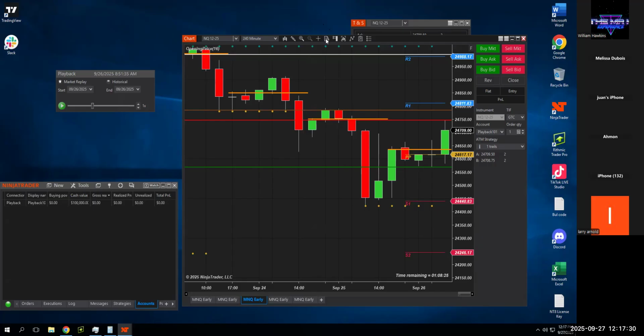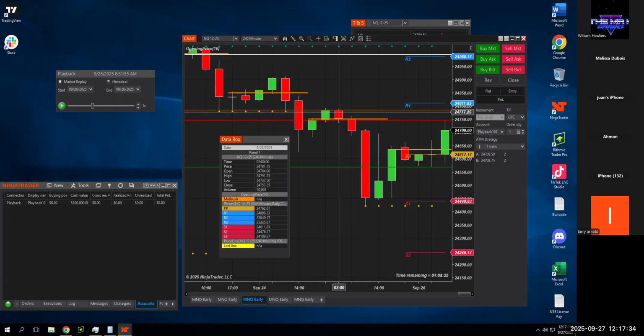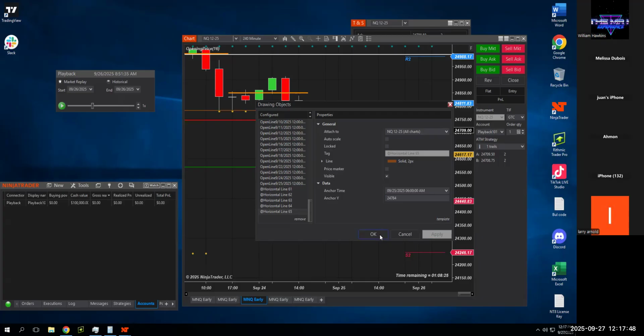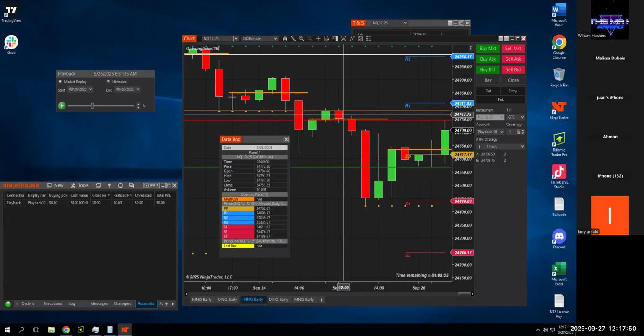Hold on, I forgot what it was already. You're going to hover over it. The open is 8400. So double click on the brown line and go to 8400, because you want to mark it exactly where it opens at.